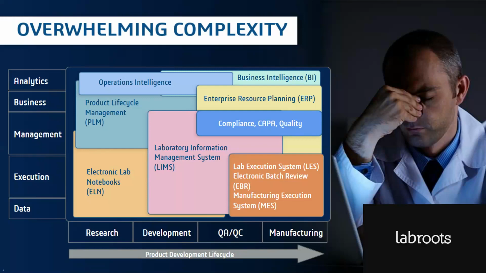Say you may have different ELNs spread across your research organization due to the different types of labs using specialized ELNs. And so the only way to find the information is to email somebody and hope they remember where it is, and then they send you the file, and then you have to import it into your system. So it becomes very complex and overwhelming quickly.